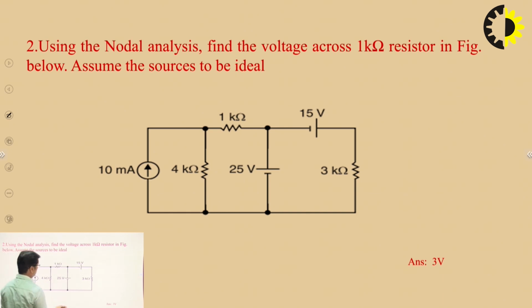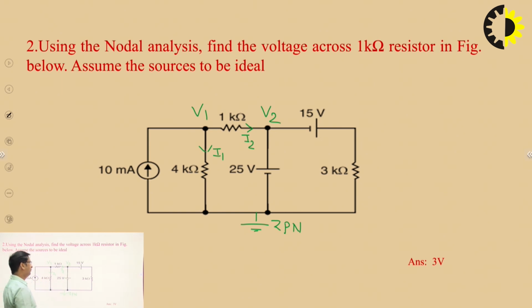In this circuit, we have two nodes, 1 and 2, and this one is your ground node, zero potential node or reference node. You can assume the currents I1, I2, and V1 and V2 are the two voltages.